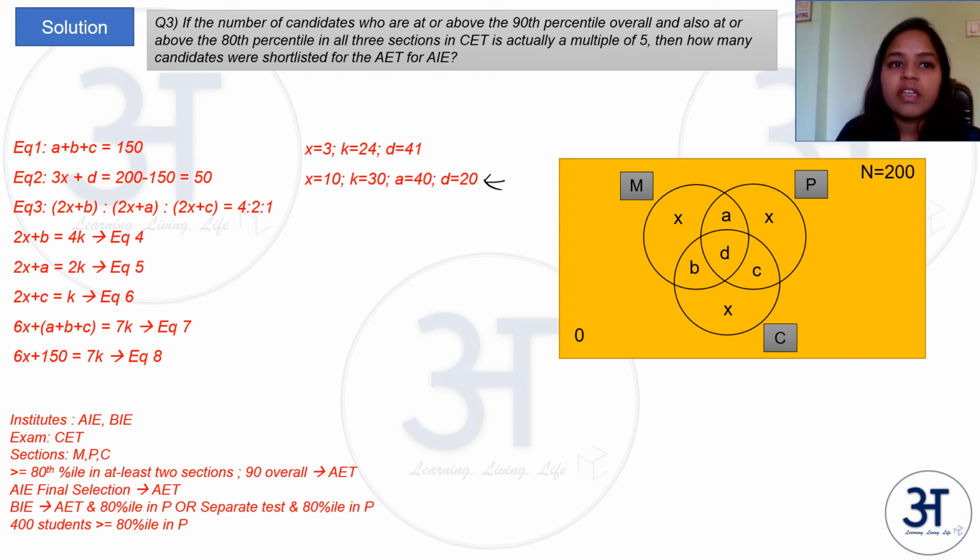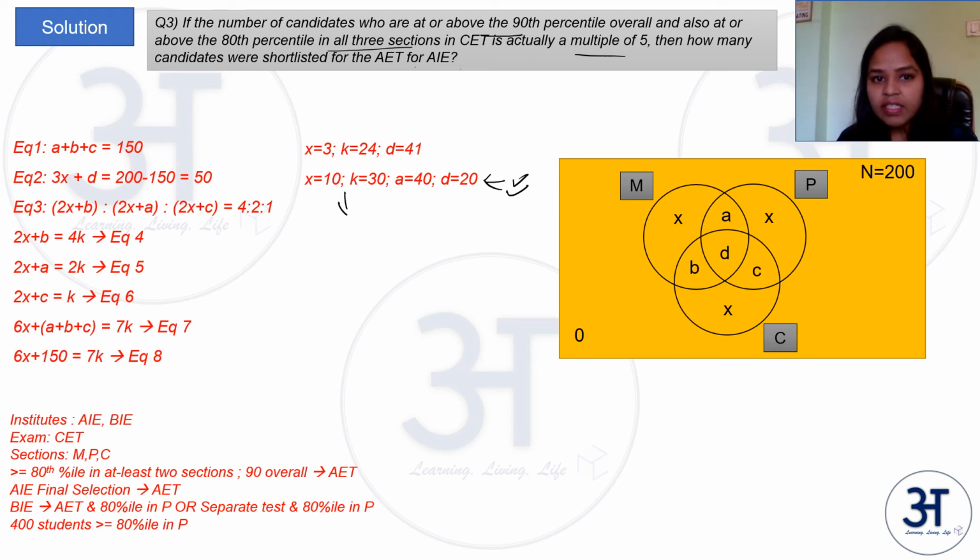So question number 3, if the number of candidates who are at or above 90th percentile overall and also at or above 80th percentile in all the 3 sections is actually multiple of 5. So we are talking again about this case. Then how many candidates were shortlisted for AET for AIE?